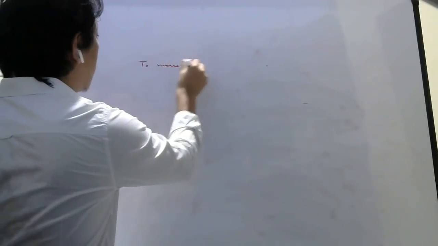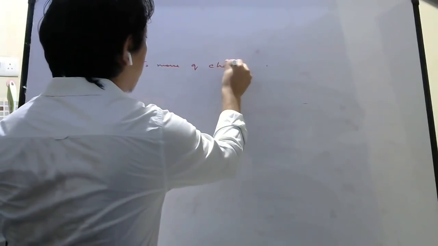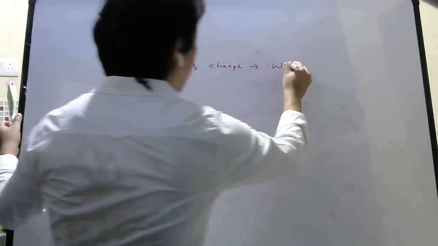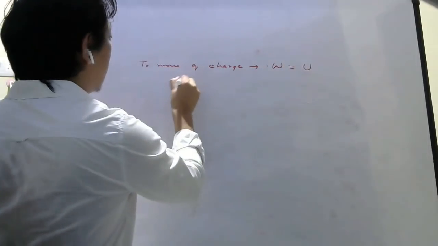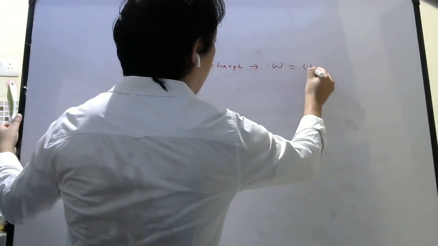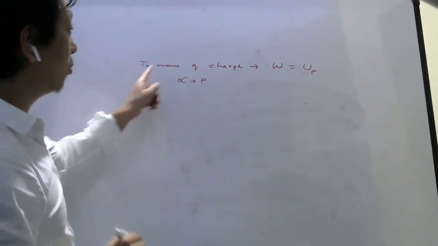So look carefully again. To move Q charge, whatever work is done is the potential energy. If you move from infinity to some point P, then that is potential energy at P. To move Q charge.